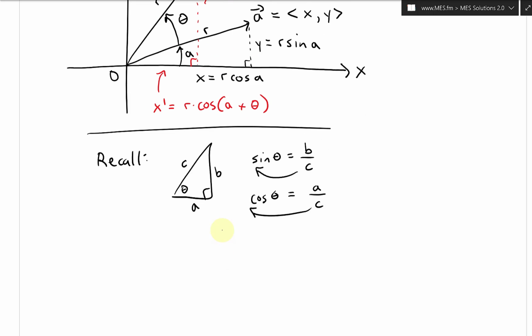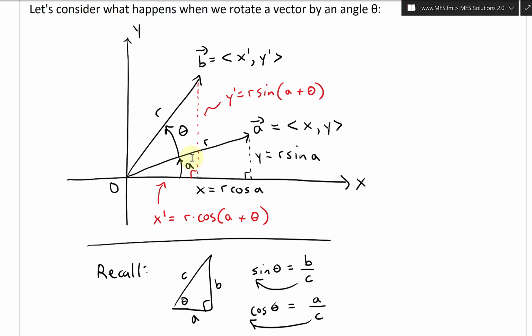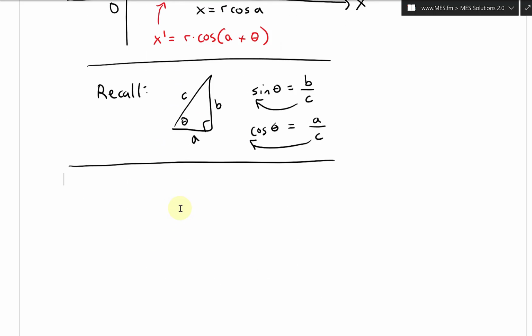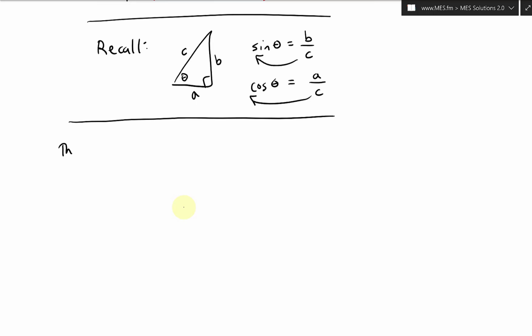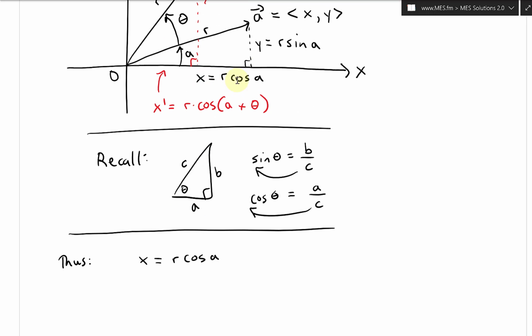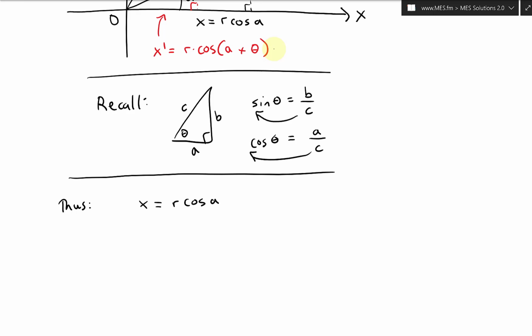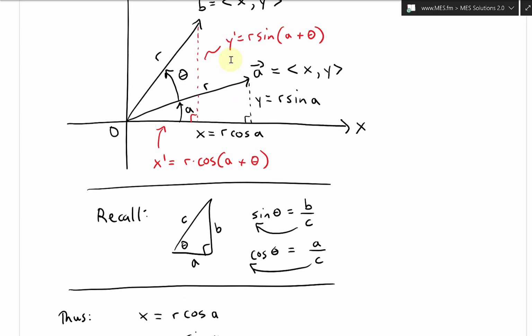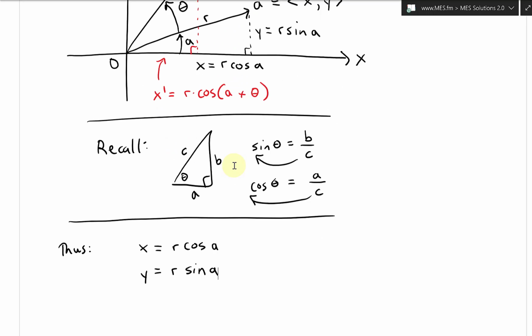All right, so now that we've recapped that, let's put all the components together. Thus, we have x equal to r cosine a, y equals r sine a. And then for x prime and y prime, this has the a plus theta.